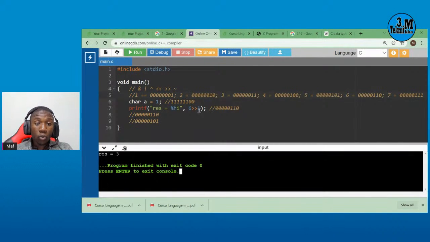But if you go two positions, then this is going to go one position to the right, another position, you lose it, and then the other is going to be at the first position, so you have 1. When you perform a shift to the right, you're decreasing the value. Shift to the left, you're increasing.